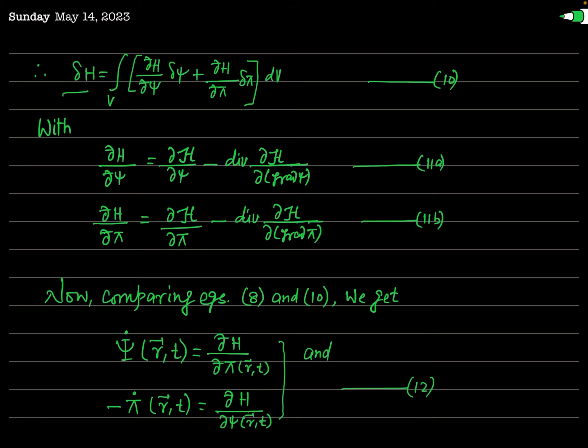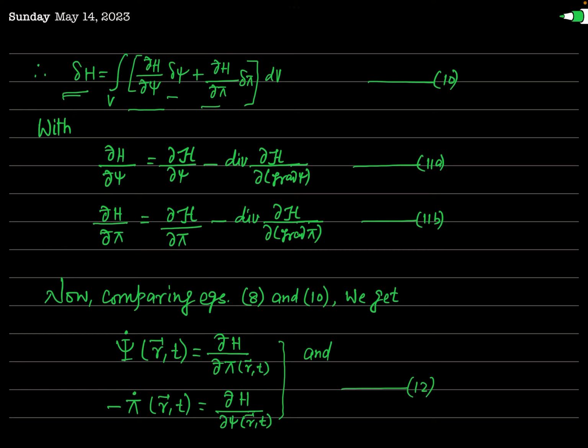I have told you several times that before watching this video, for a clear understanding of this concept, you must watch the video on Lagrangian formulation for the classical field equation. So I have written directly that delta H is equal to the integral over V of the functional derivative of Hamiltonian H with respect to psi times delta psi, plus the functional derivative of Hamiltonian H with respect to pi times delta pi dV.